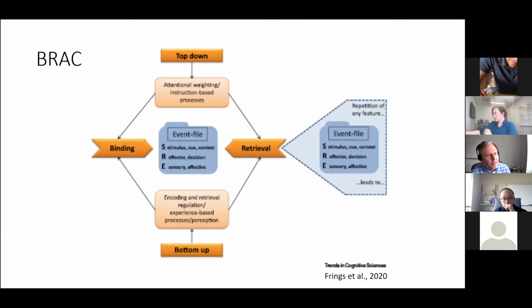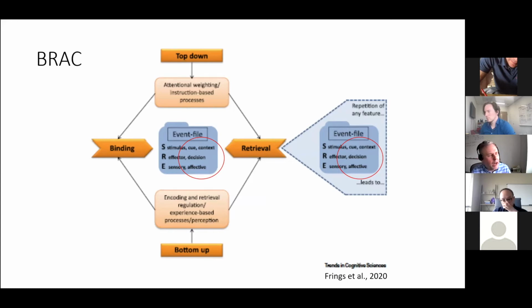The interesting feature with this model for our purposes is that the event files have really grown, and it's not just stimulus information and response information and effect information, but now we're including things like the cues, the context, the decisions, the affect associated with the response. So these event files have gotten quite large, and this poses the question: what exactly is in an event file? How do we know what gets encoded, what really is going to drive the retrieval of the event files?